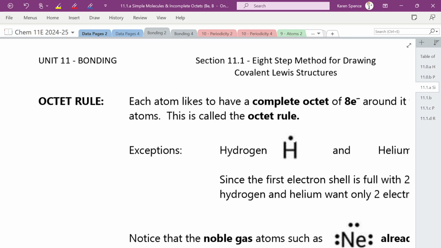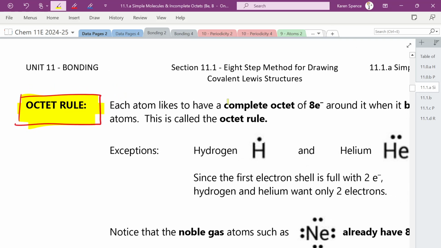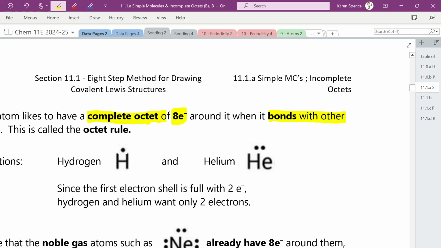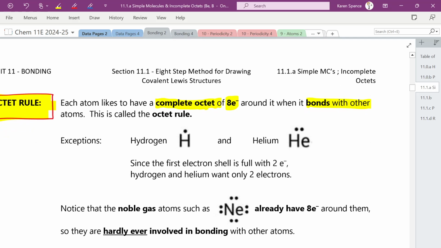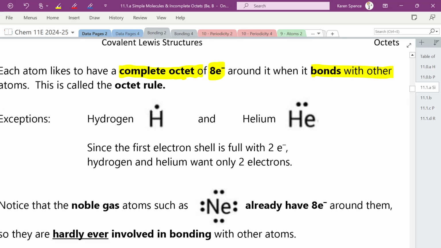We have something called the octet rule. What the octet rule says is that each atom likes to have a complete octet. How many electrons do you think a complete octet is? 8, okay? And that is when it bonds with other atoms. This is called the octet rule. Our exceptions are hydrogen and helium.